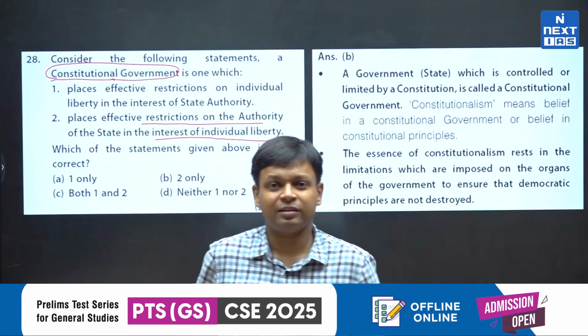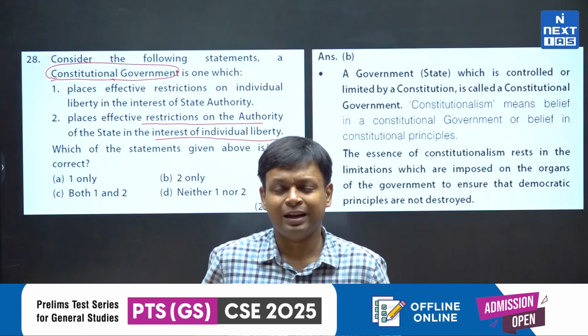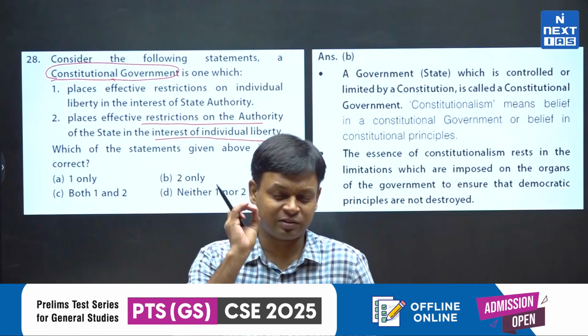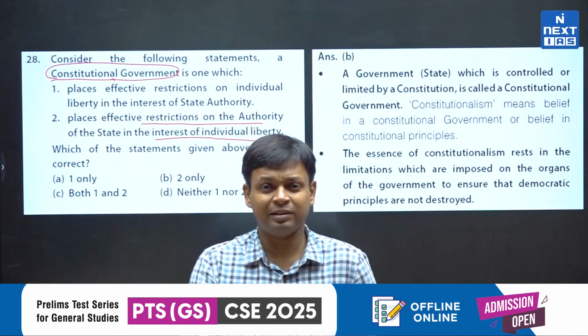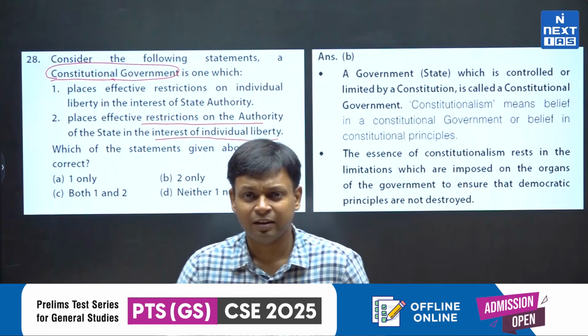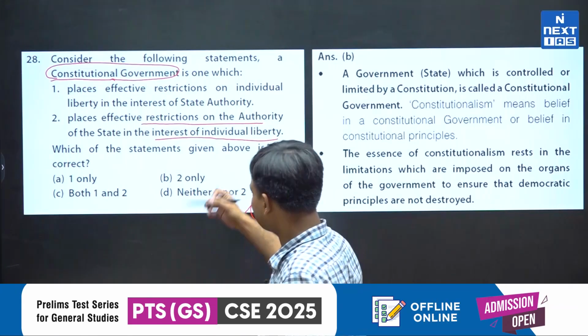So this is the correct answer, because it is actually implying that there should be limitations on the powers of the state also, to enable the people to enjoy their rights. Getting it? So this question was asked in 2014. The answer was 2 only.